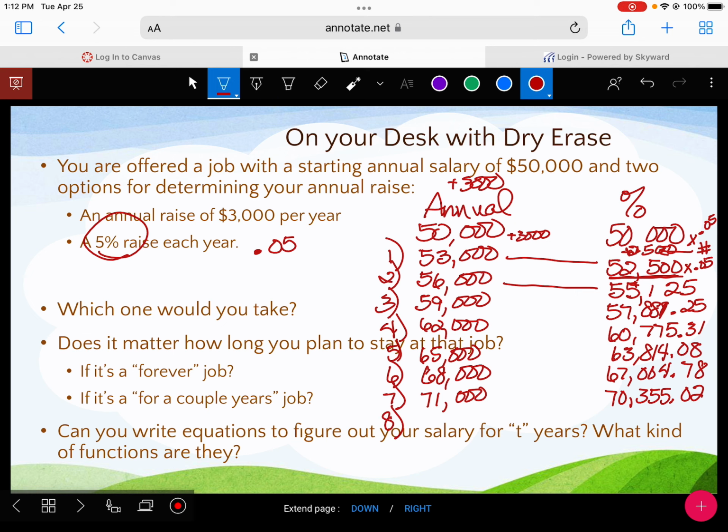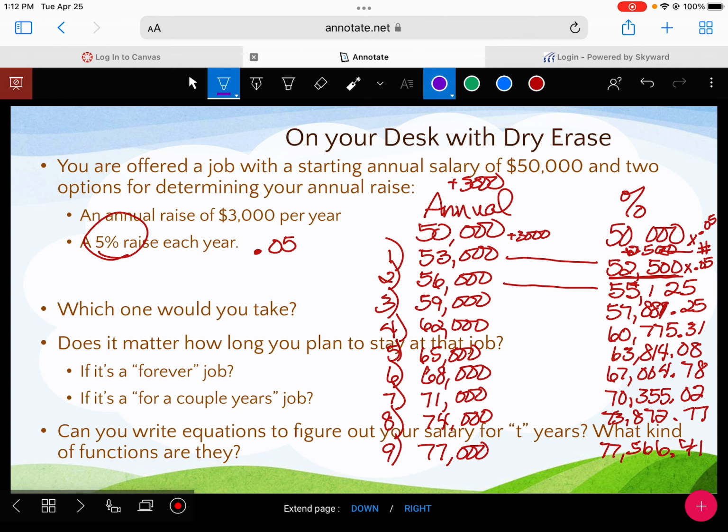After year 8, 73,872 and 77 cents and 74,000. And after year number 9, we get 77,000 and we get $77,566.41.